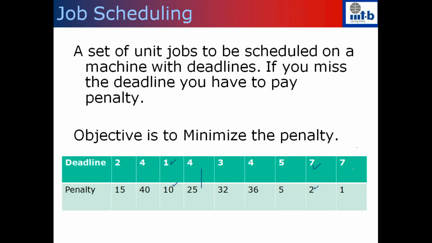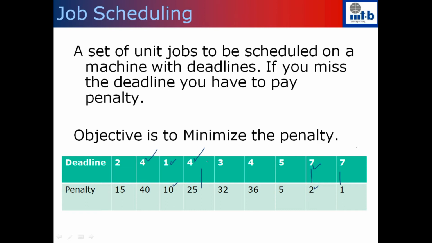But if you discard, let's say, this job and probably this job, the rest of the jobs can be scheduled. On the first day I schedule this, on the second day this, on the third day this, fourth day this, fifth day this job, sixth day this, and seventh day this. So if I discard 2 jobs, then for the rest of the jobs there is a valid schedule, and that particular set is said to be independent.